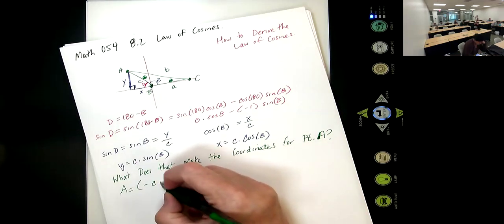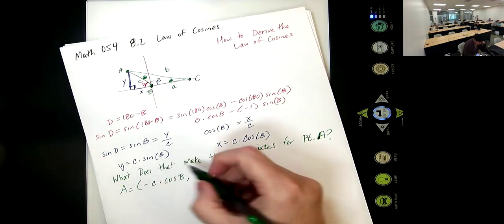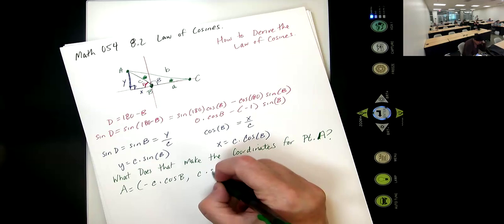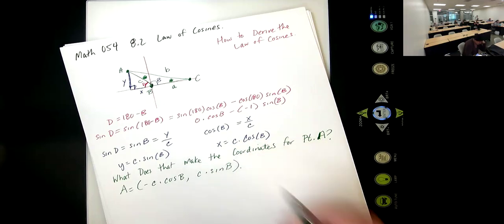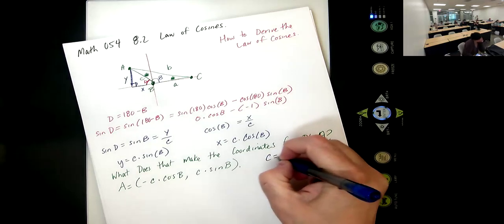So negative c times cosine B. And the y value is c sine B. What about point C? What is its coordinate?